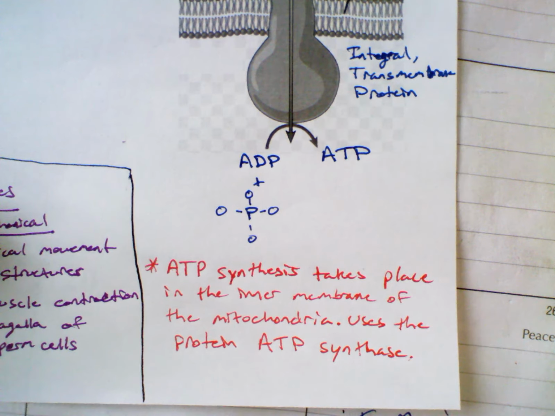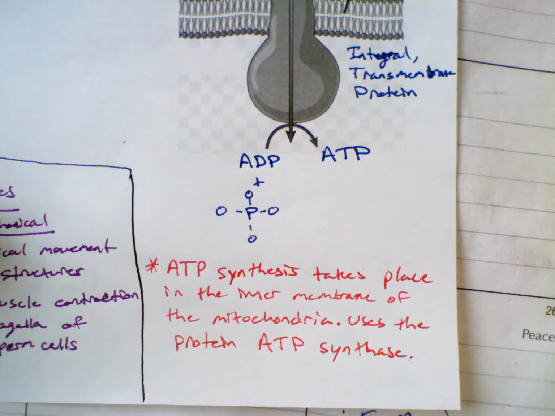All right. And I think that's it. So we went over the structure of ATP, we went over the function of ATP, we went over how ATP goes back and forth between being ADP if it's uncharged to being ATP if it is charged, and how the energy is liberated from the ATP molecule.